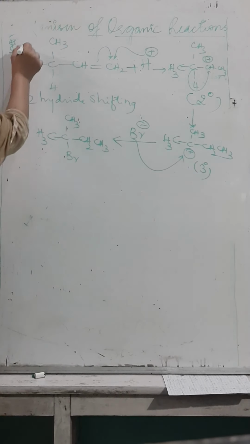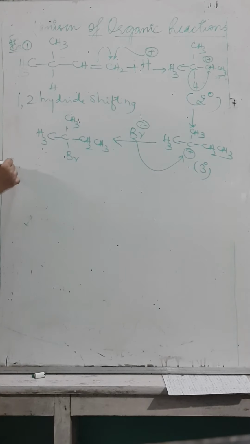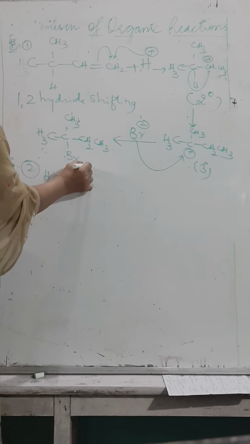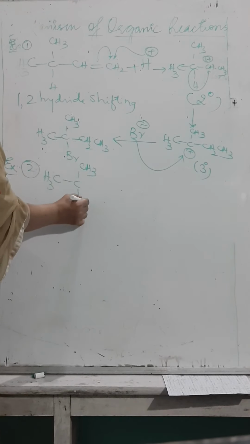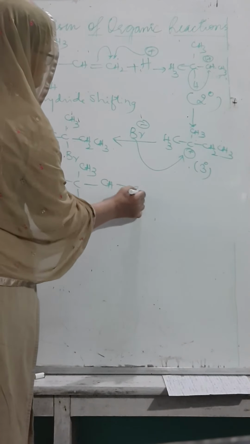This is example number 1, which I have taken from previous question papers. Similarly, there is one more example in the previous question papers, where this carbon atom contains a 3-methyl group, CH, double bond CH2.